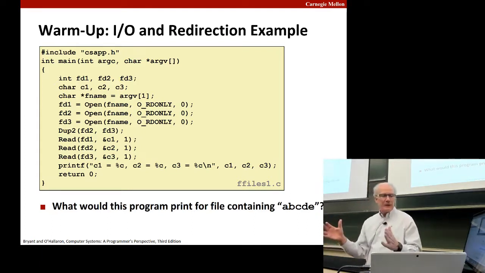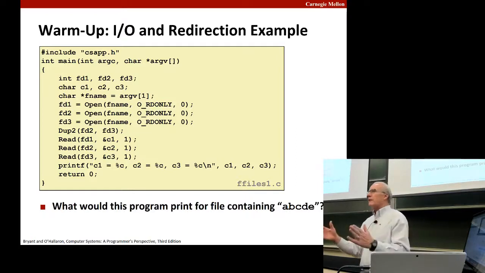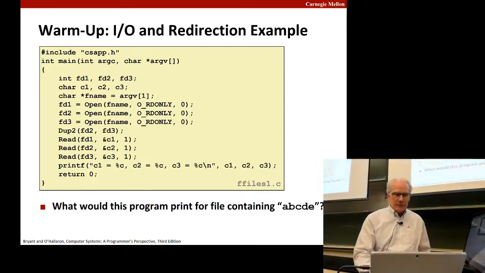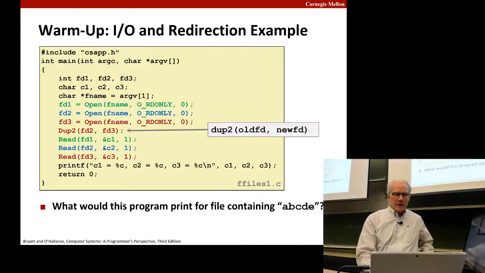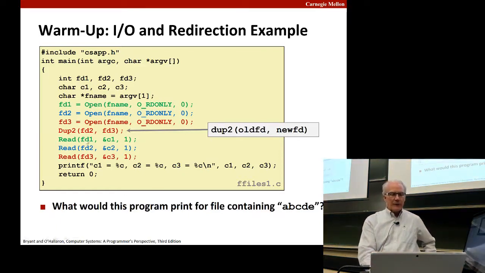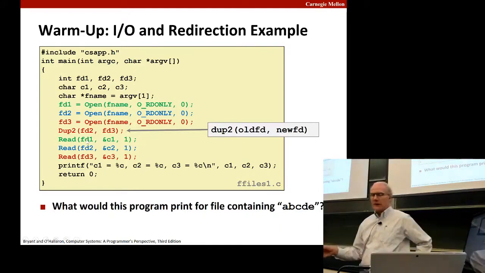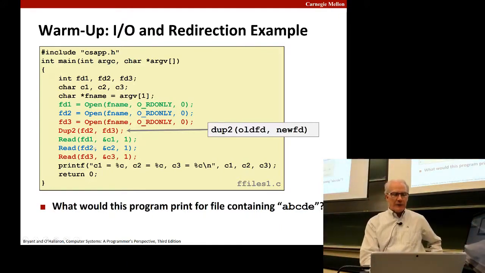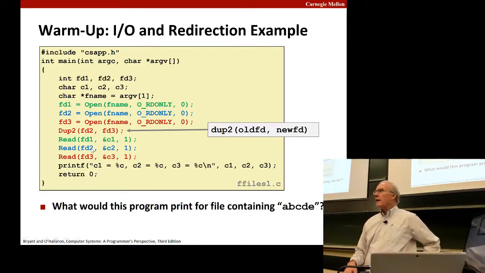Now part C is, now let's throw dup2 into there to mess us up. And remember dup2, that now FD3 will be a clone of FD2 in terms of its file descriptor. So I read from FD1, and that's, as you said, A. I read from FD2, and that will be A, right?